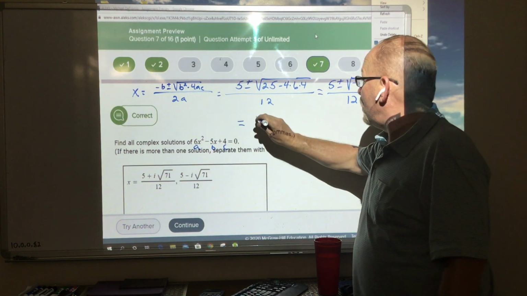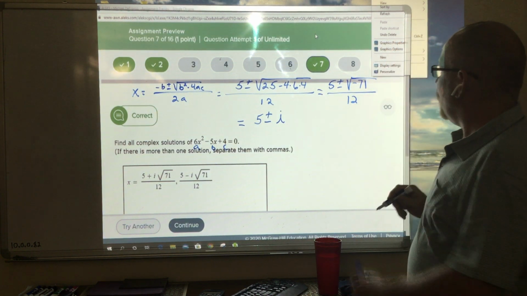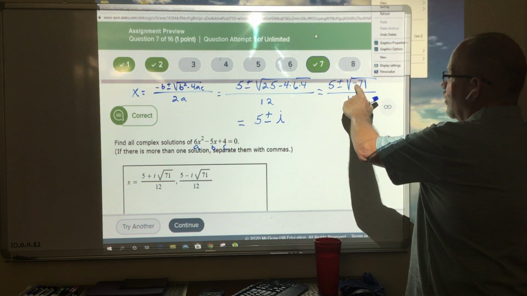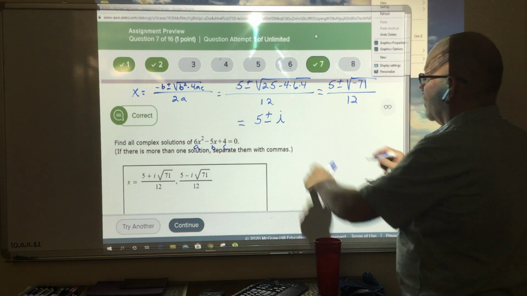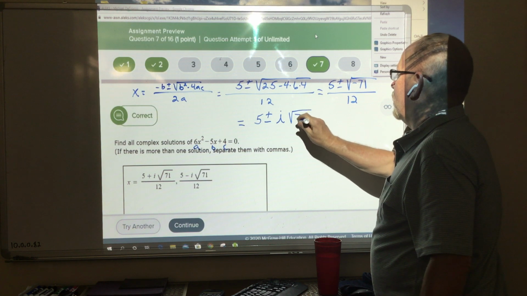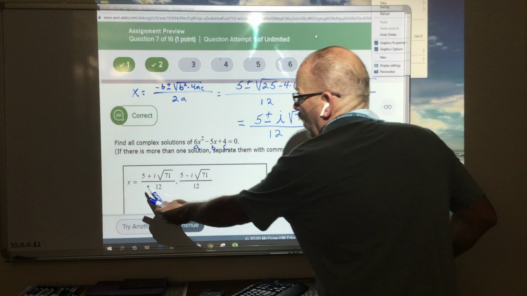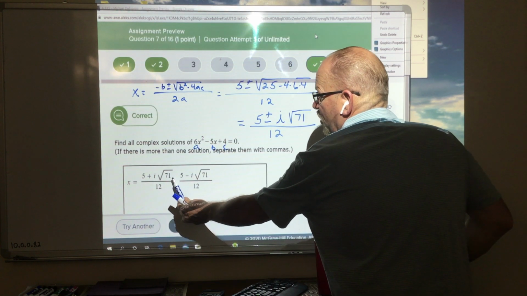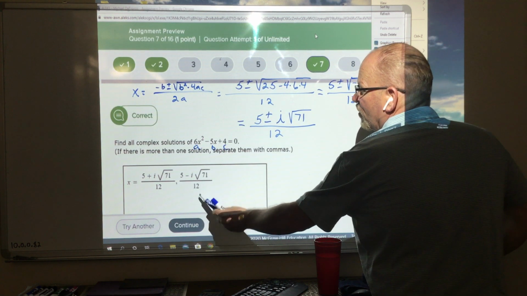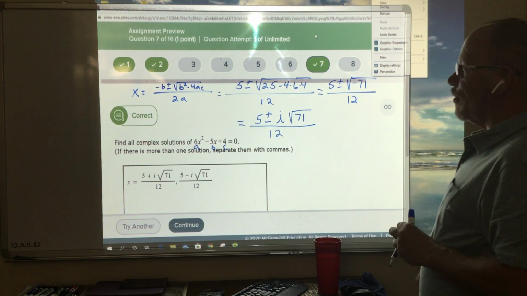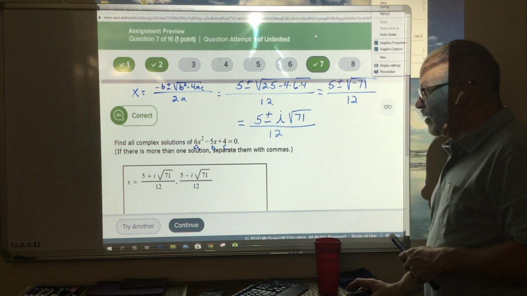That's how you take the negative sign out: the square root of -1 times this, take the i out. And so what we enter is 5 plus i root 71 over 12, comma, 5 minus i root 71 over 12. Okay? So you're going to do that a few times today.